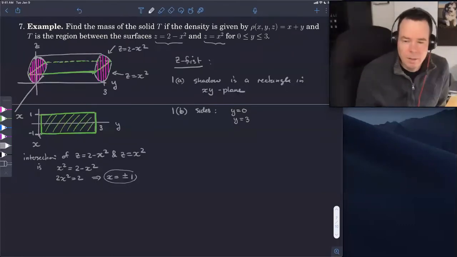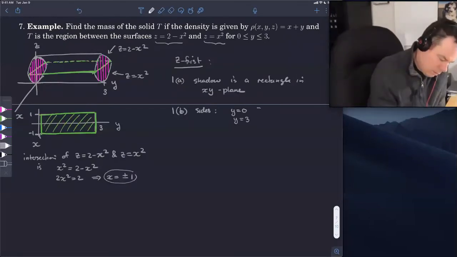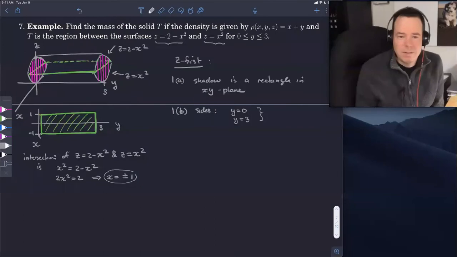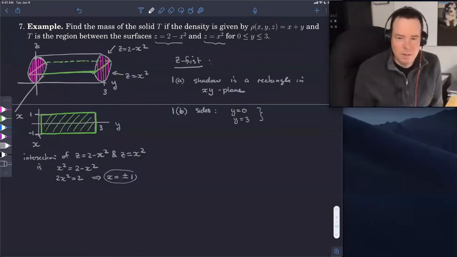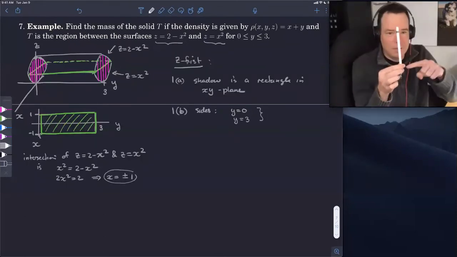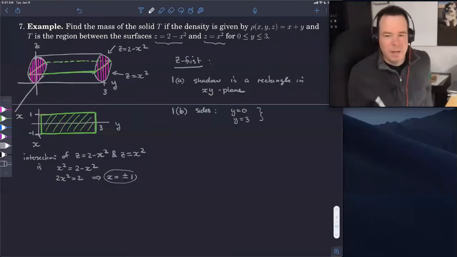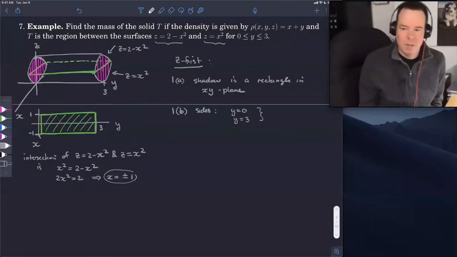Now, one of the key things to note about sides is they can't depend on the variable z. They shouldn't have z in them. If you're writing down expressions for the sides, they shouldn't involve a z, because the idea is the entire line segment, regardless of the z value on this line segment, it's supposed to be sitting on the side. So the sides are independent of z value.